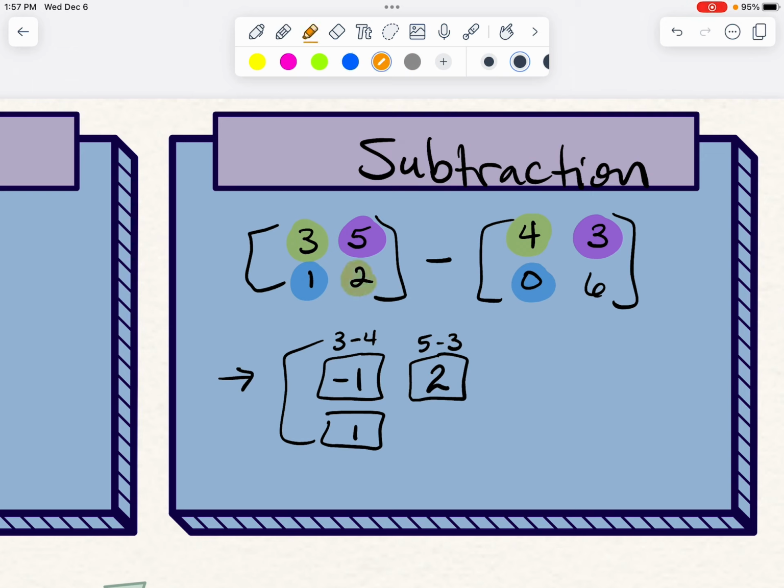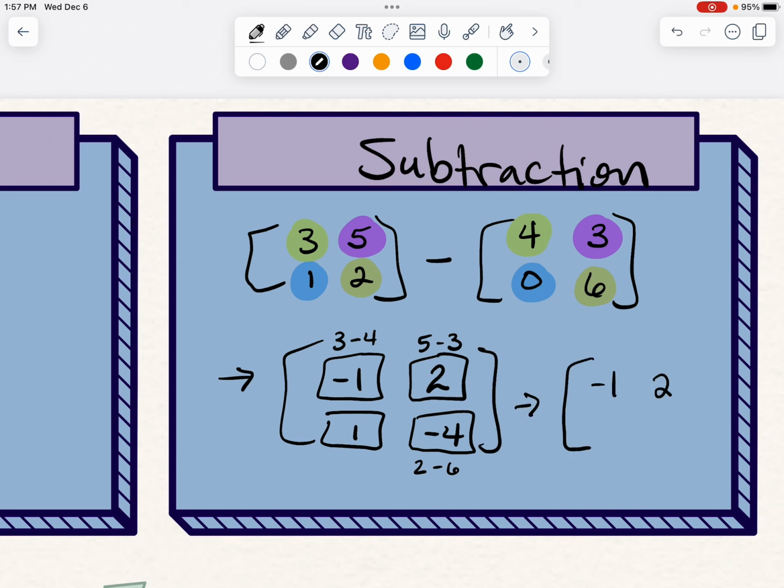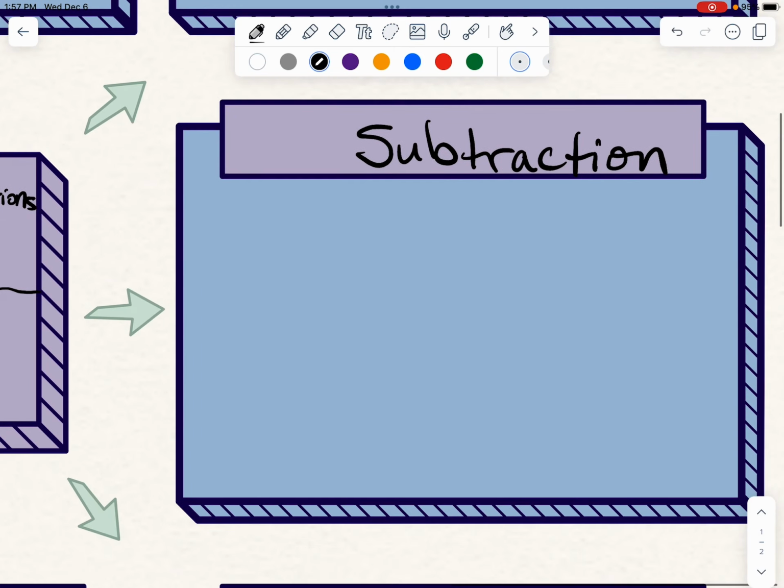And then in our last piece, row 2, column 2, we have 2 minus 6, which is going to give us a negative 4 here. Our resulting matrix, still a 2 by 2 matrix, is negative 1, 2, 1, and negative 4. So this is how we would complete our subtraction.